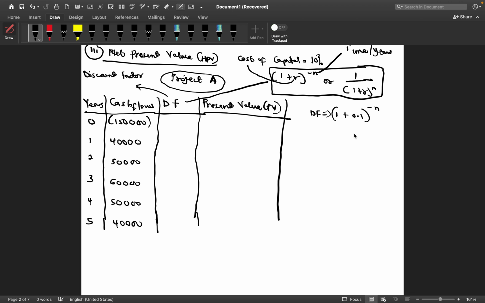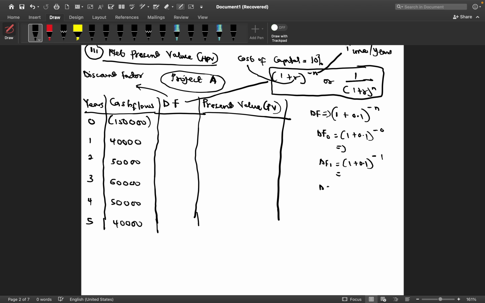If you want to find the discount factor for year 0, it's 1 plus 0.1 exponent negative n, where n is time, so you put 0 here. If you want the discount factor at year 1, it's 1 plus 0.1 exponent negative 1. So you keep changing the years at the exponent side to get the discount factor.